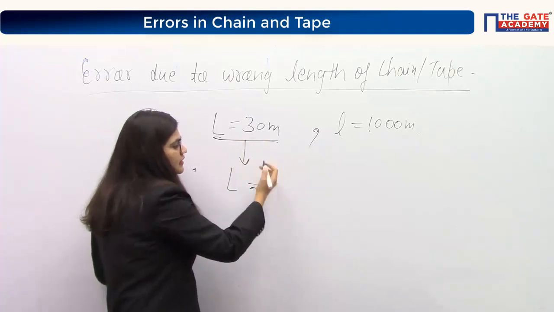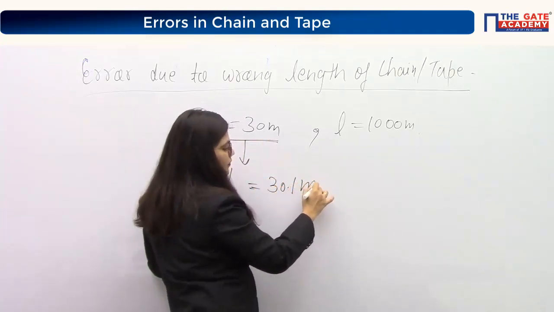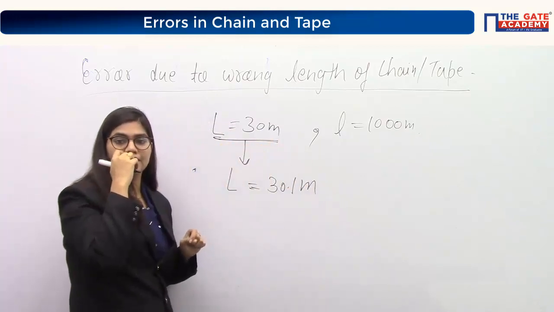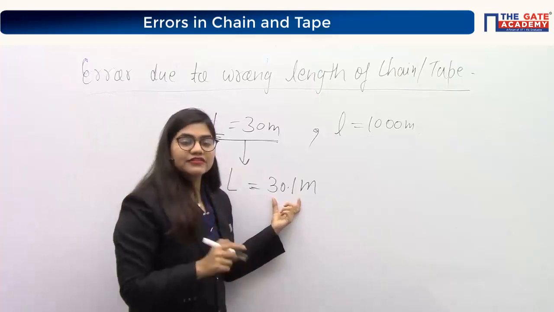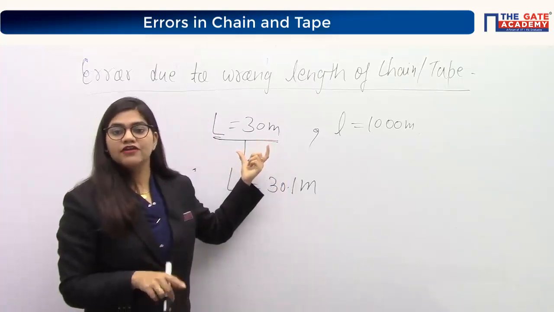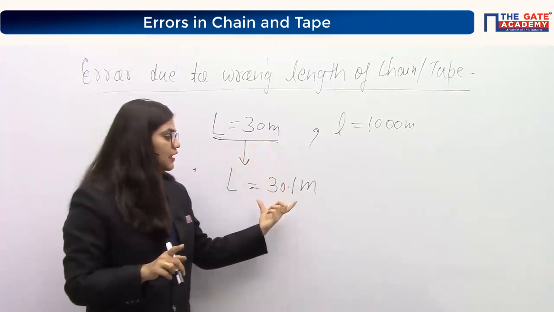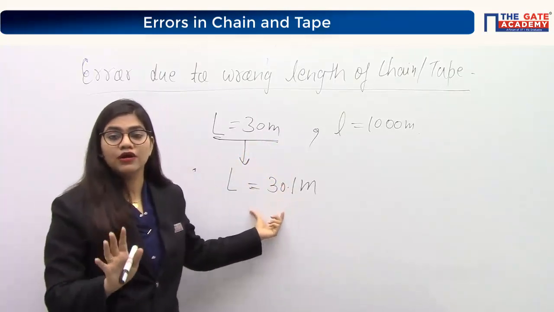I found this came out to be 30.1 meter. Okay, it means what? The length that I was thinking is 30 meter, it was not 30 meter. It is 30.1 meter actual on ground.